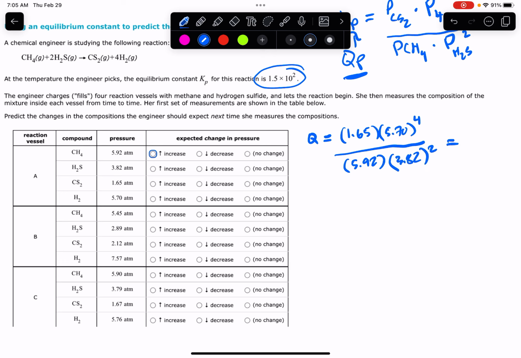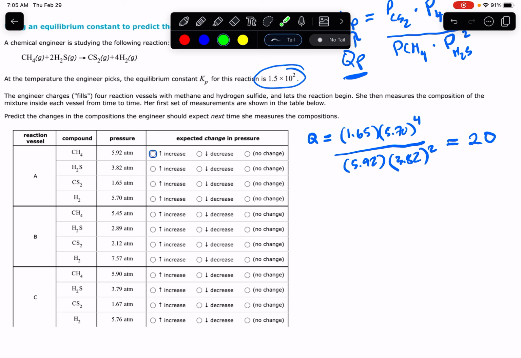And through the magic of having already done this on paper before, that value ends up being 20. Now, we have a Q that is equal to 20, and this is our actual value, 1.5 times 10 to the second.